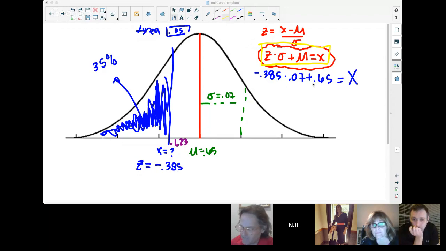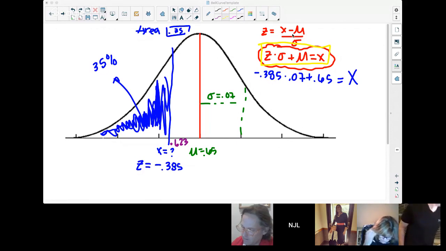The new formula is definitely going to be easier. Correct, when you're given the percentile and looking for the raw data. It's just an algebraic manipulation of the textbook one, but it's a lot nicer, and you can just plug in the information. Okay, I think I've got that.